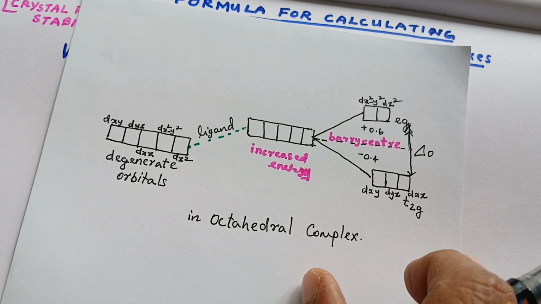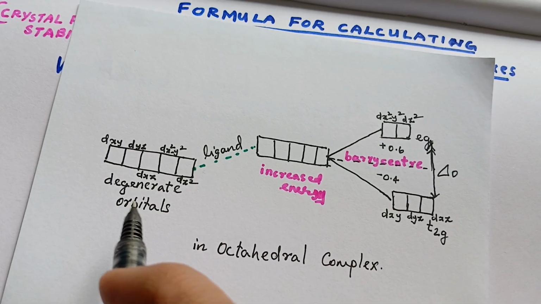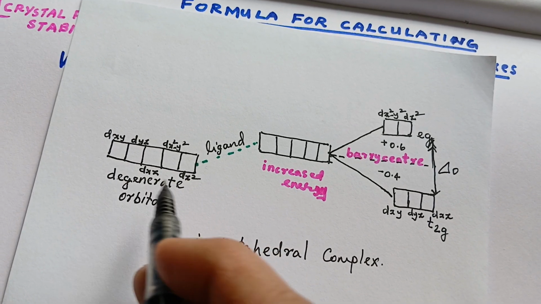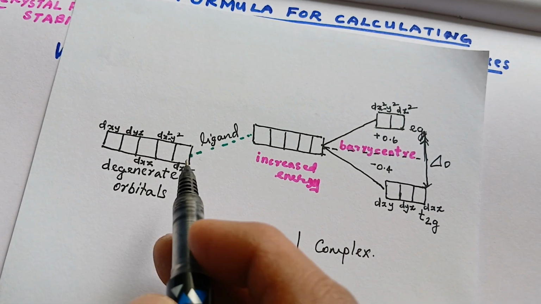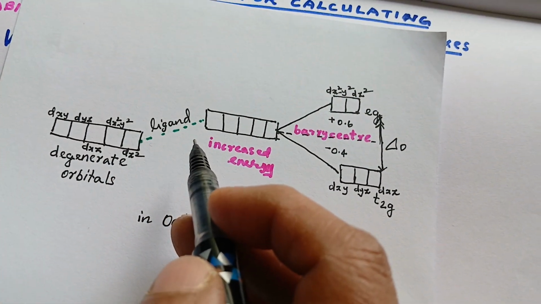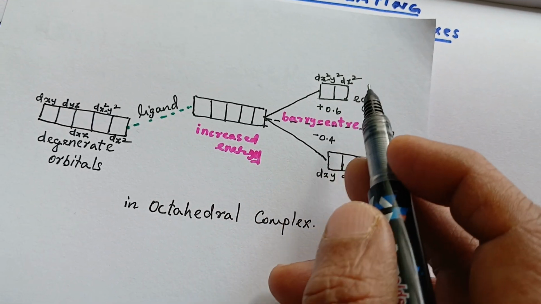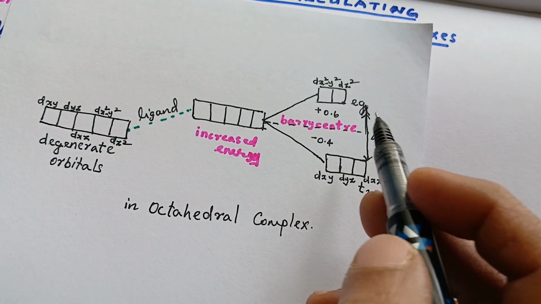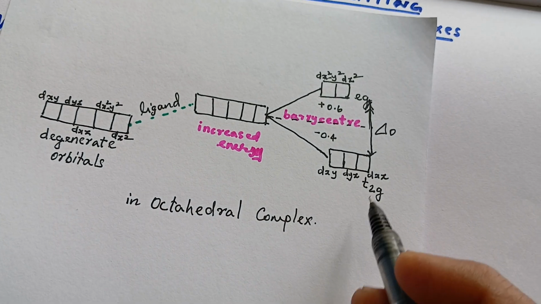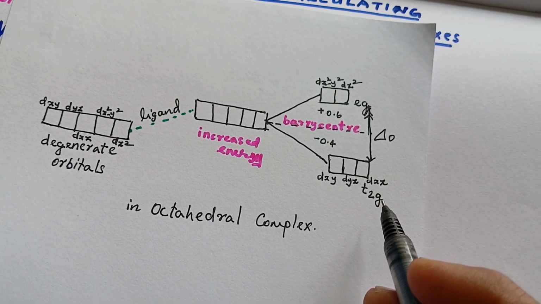We are familiar with this diagram. The 5 d orbitals are degenerate, that is, they have the same energy. When the ligand approaches, there is an increase in energy, and then they split into two sets, the EG set and the T2G set.